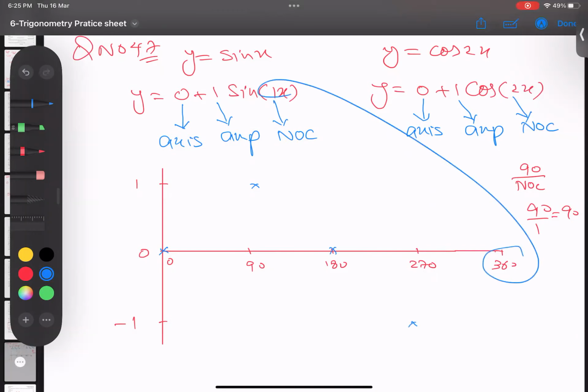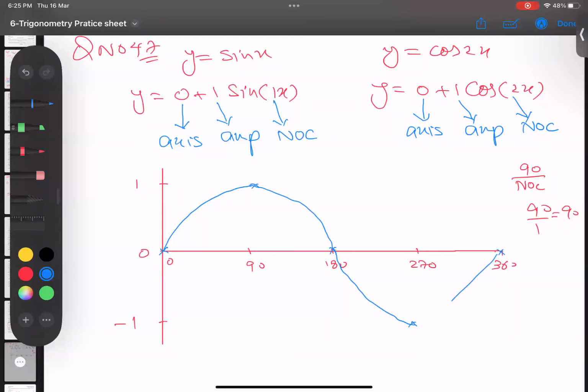And when I plug in 360, we get 0 again. So if we make the curve, sorry for that, we get this curve, and this curve, and this curve.